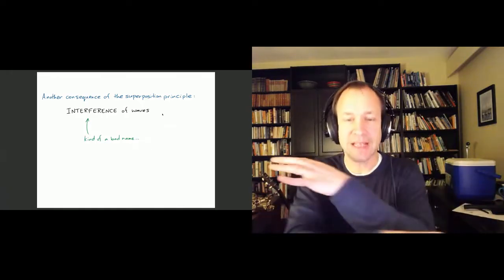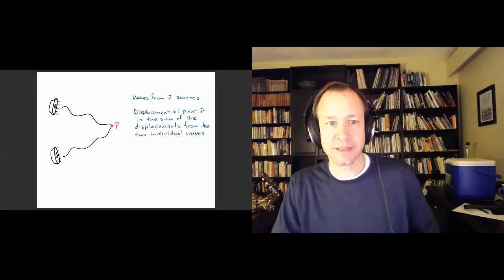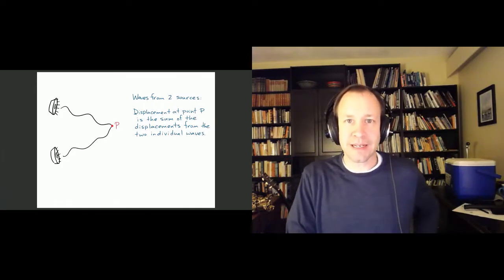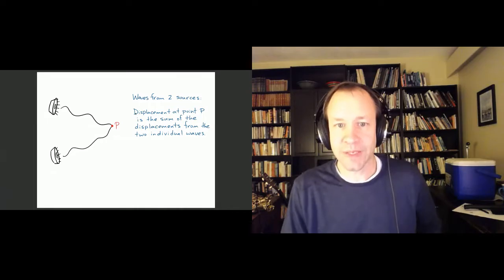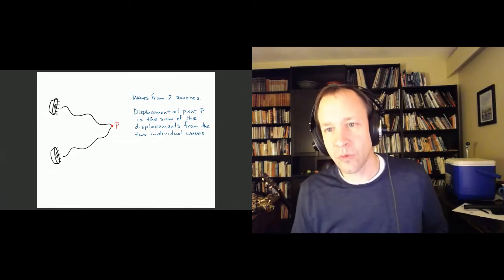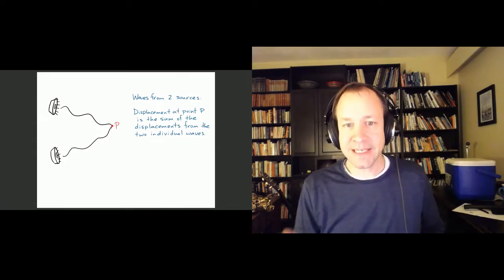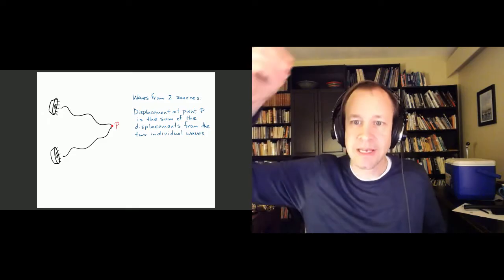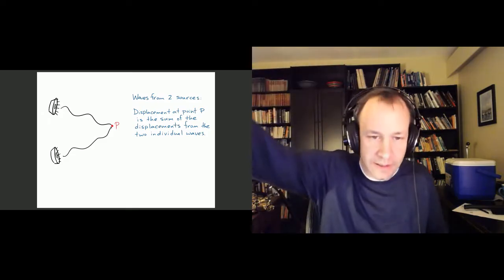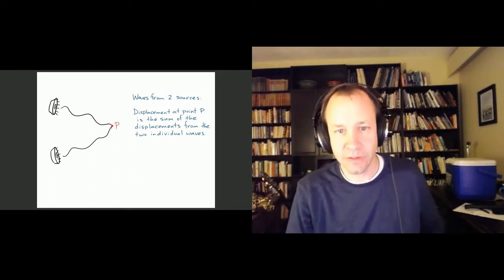They pass right through, but we still call this interference. You probably heard about this at some point in high school or in another context. We're going to consider waves from two different sources and think about the net displacement at some point, which according to the superposition principle would be the sum of the displacements from the two individual waves.